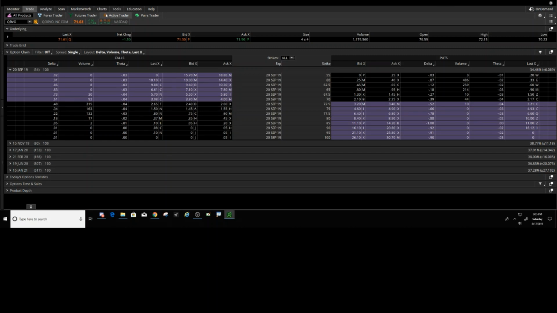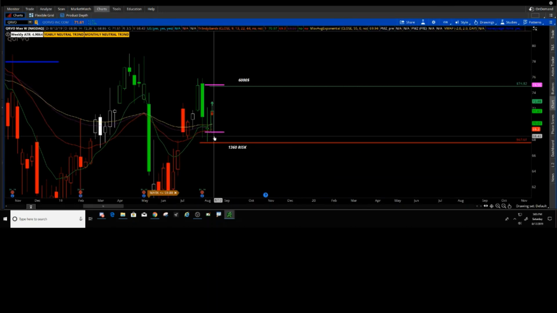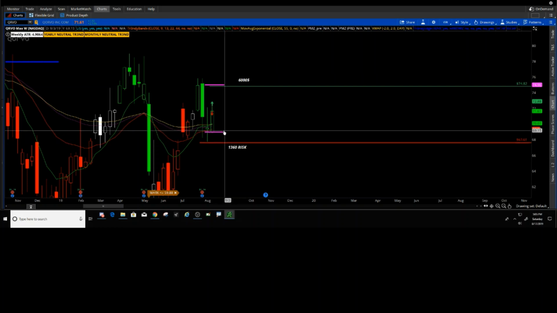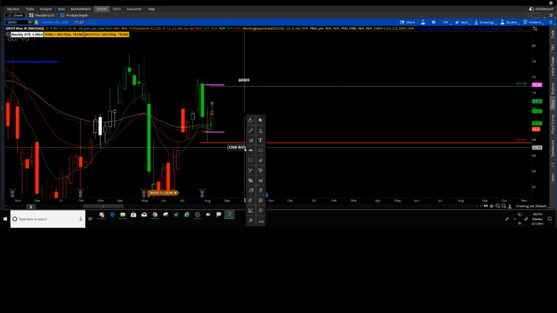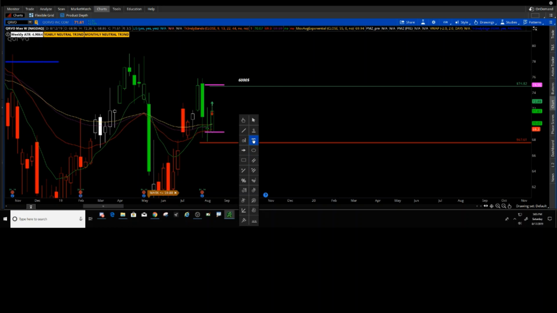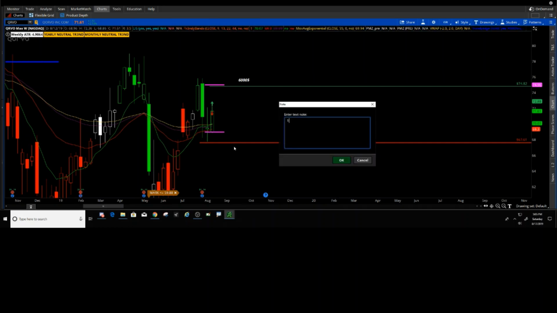Okay. So if we go back to the charts, in this case, we're risking, let's just call it $1 to make this very simple. Let's say that we are risking $1. Okay, $1 risk.